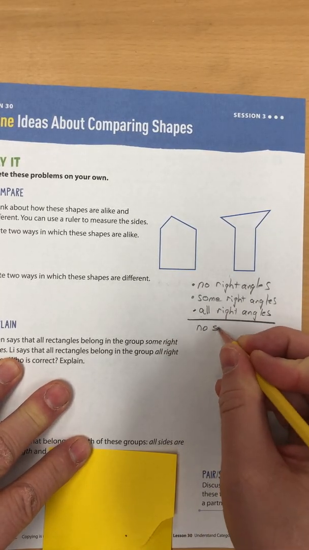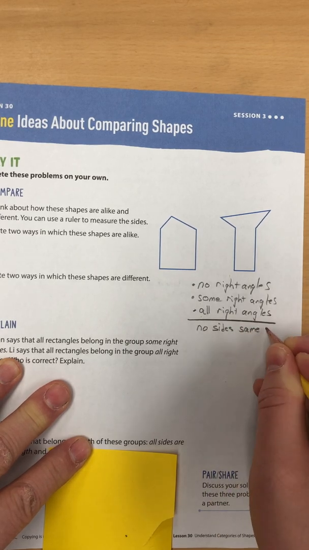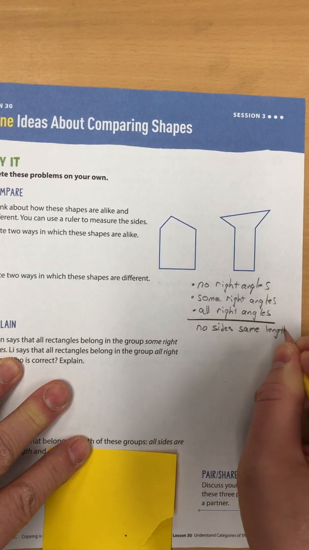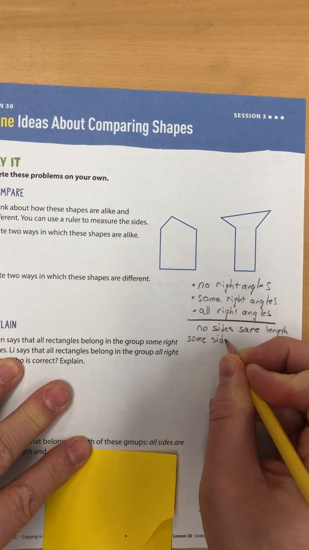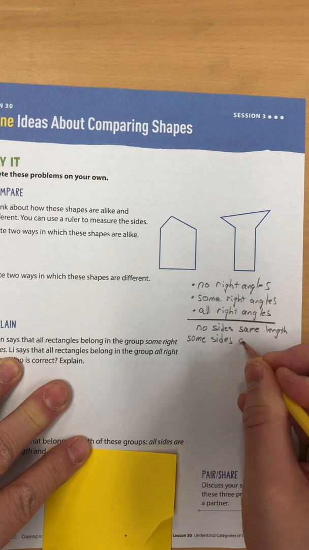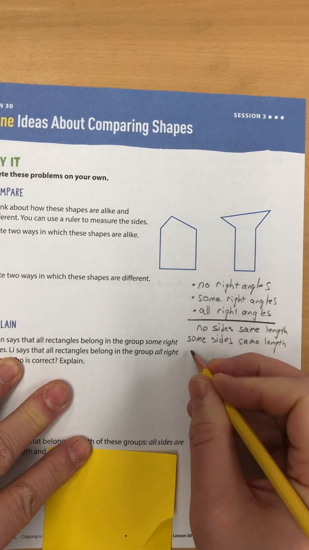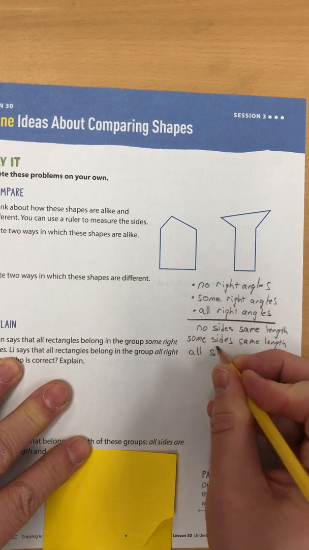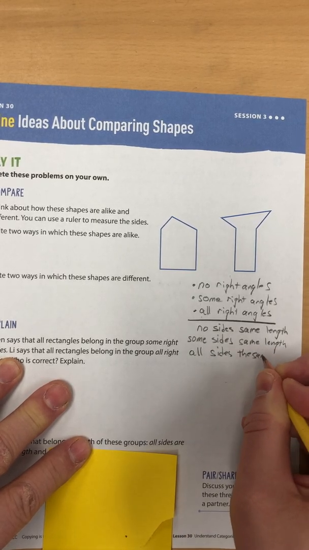No sides the same length, some sides the same length, and all sides the same length.